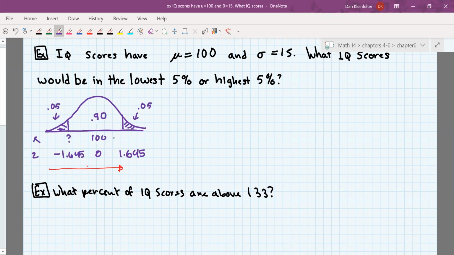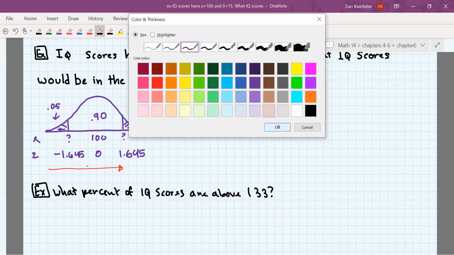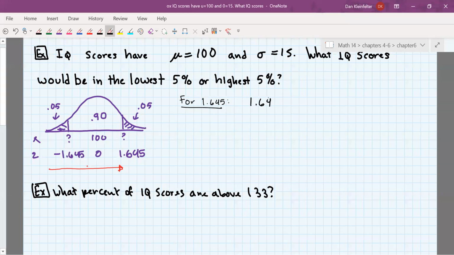So we don't know what the two IQ scores that would correspond to those two z's are. So we're going to use a little algebra. So for 1.645, that will be x minus mu over sigma.